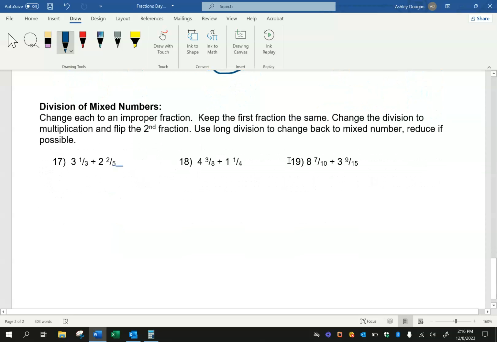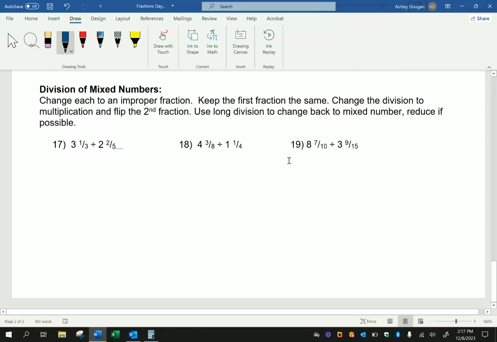And then our last problems are mixed numbers. Just like we did with the multiplication of mixed numbers, with division we're going to do the same thing. We're going to change it back to an improper fraction. Then we're going to divide, and then we're going to change it to a mixed number. I want to change them to improper fractions. 3 times 3 plus 1, that gives me 10.